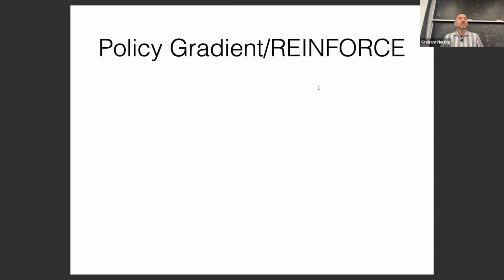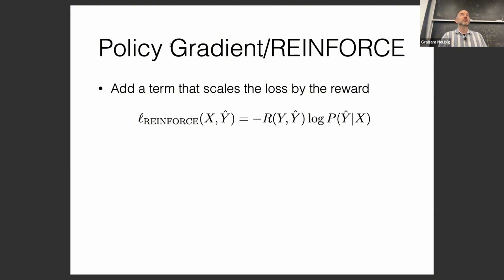Okay. But anyway, self-training, I mostly introduced it as an intermediate step to reinforcement learning. And here, what we do in reinforcement learning is we add a term that scales the loss by the reward.